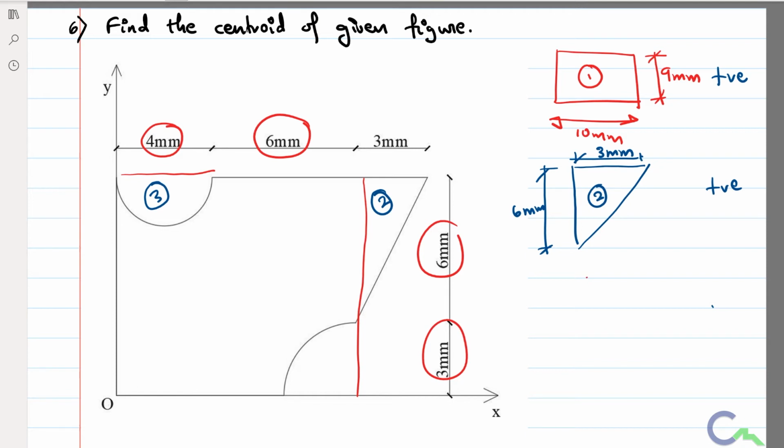So I will take this semicircle as component 3, which is having a diameter of 4 mm. So that is a deduction, I can take it as negative.